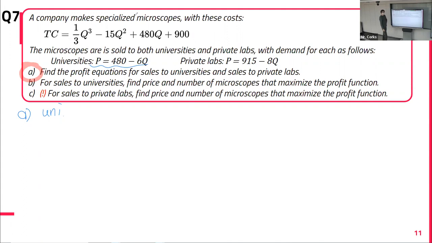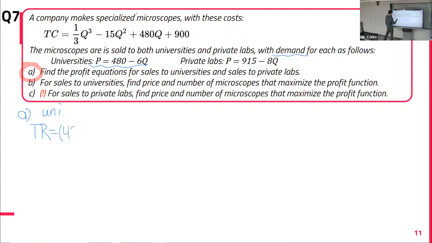What does that represent? Okay, so price, it's our demand function. It's our relationship between price and quantity. And what do we need to do with this? Okay, we need a total revenue equation.